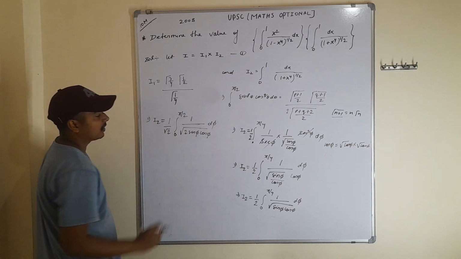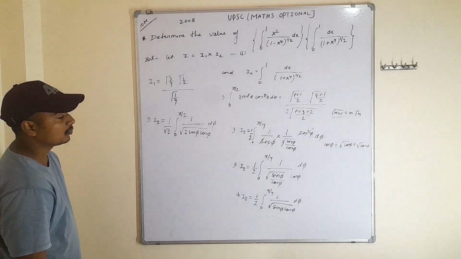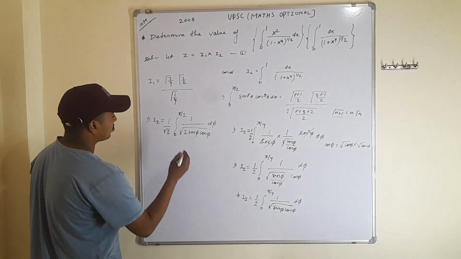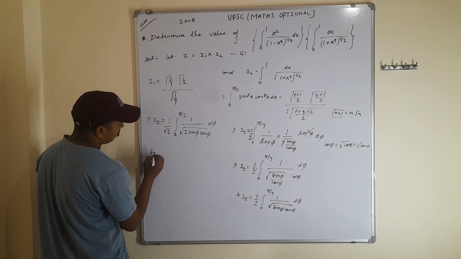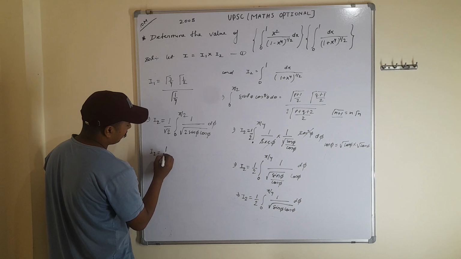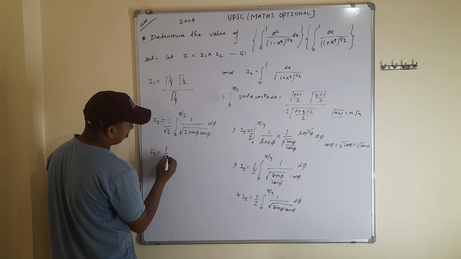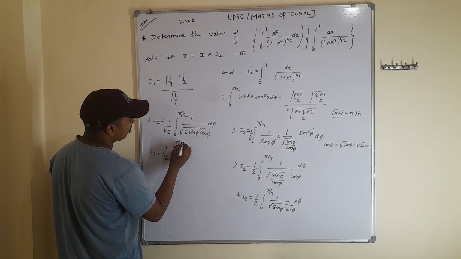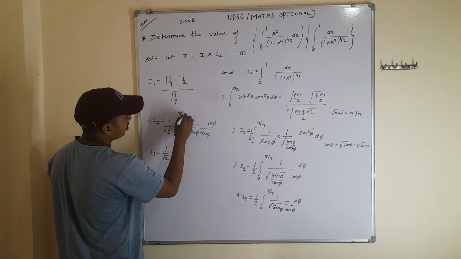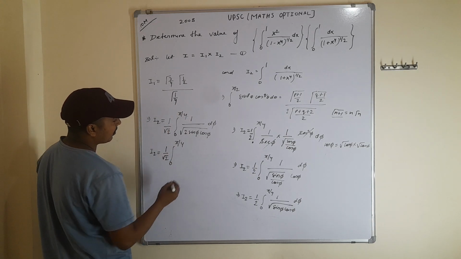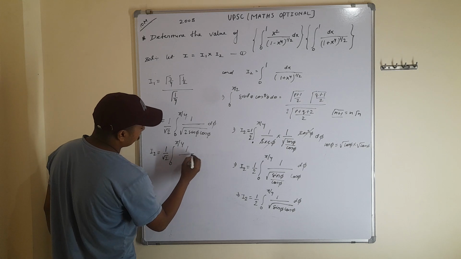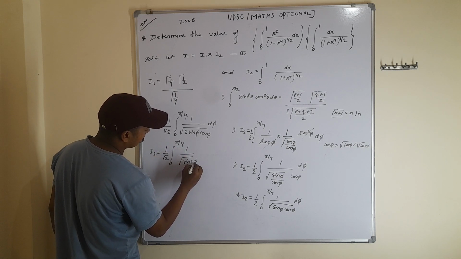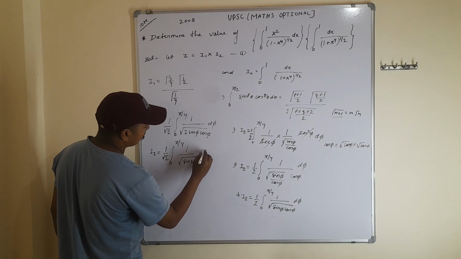This is the formula of sin 2 phi. Sin 2 phi is written as 2 sin phi into cos phi. That is I2 is equal to 1 by root 2, 0 to pi by 4 and 1 upon root sin 2 phi d phi.